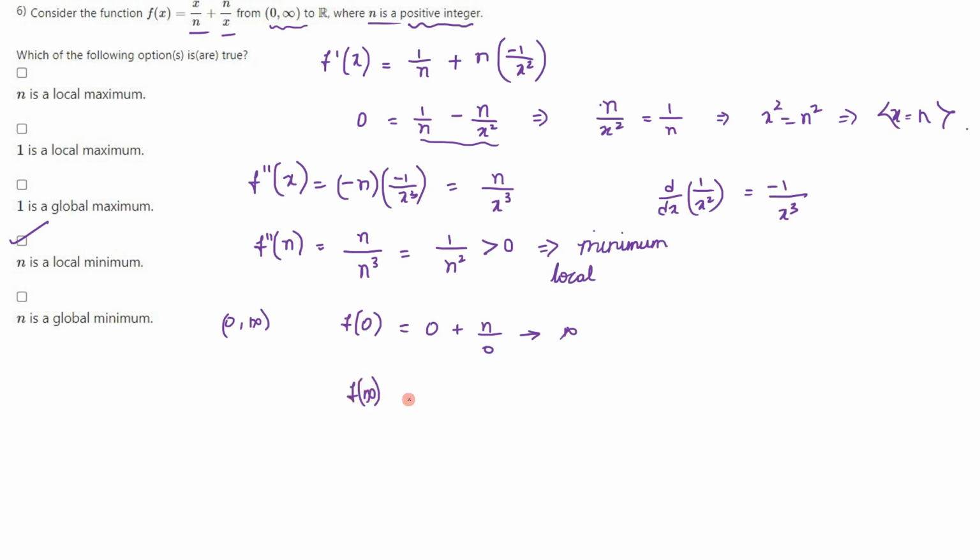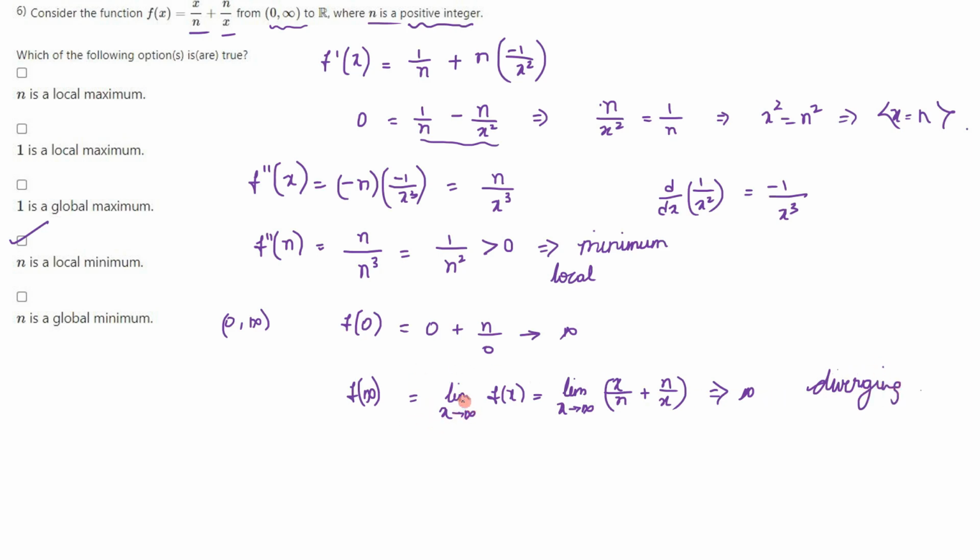To find this, we'll have to find limit x tends to infinity of f of x, that is nothing but limit x tends to infinity of x by n plus n by x. Again this will be infinity. This means that this function is a diverging function, right? The limit does not exist.